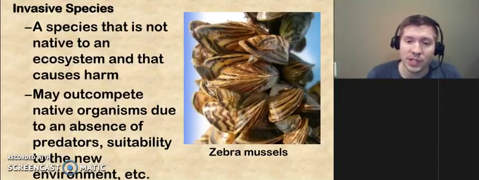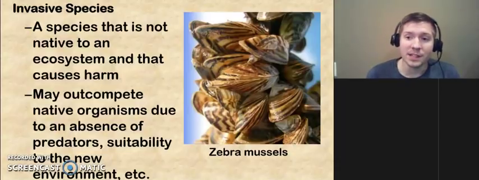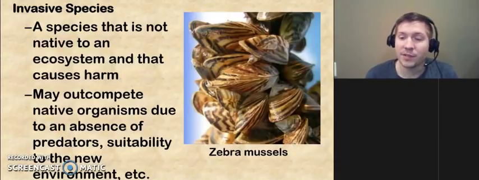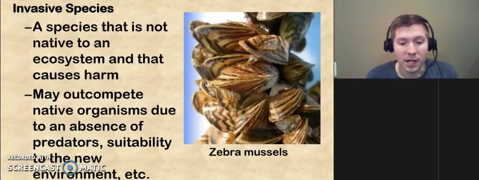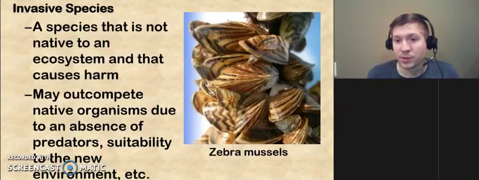The reason they can do this is when they're introduced to a new ecosystem, some species can outcompete the native organisms. They may not have any predators, they may not be affected by the same diseases, they may just be really suited to the new environment. So for example, those Burmese pythons in the Florida Everglades, they've been able to outcompete alligators and other predators for food, and the environment is just really suited to them.